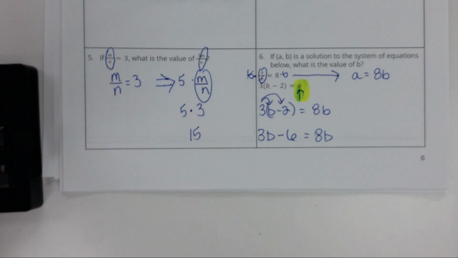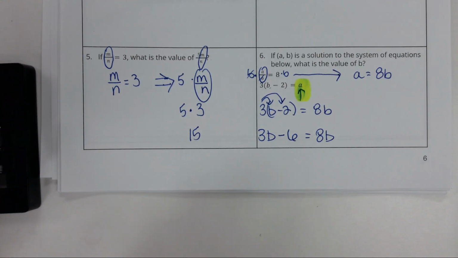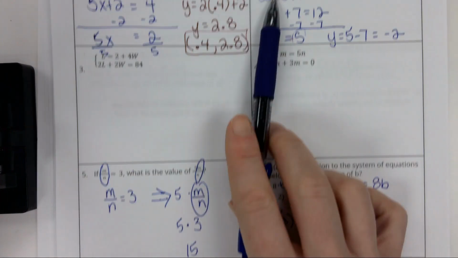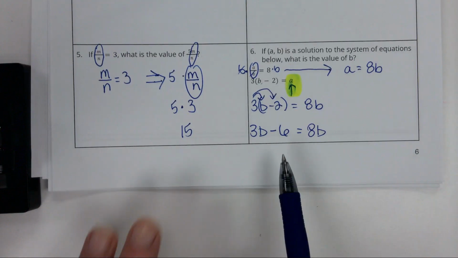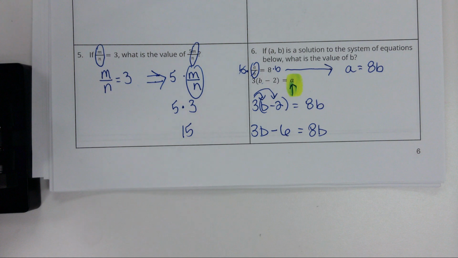If they're on the same side, like this one up here, I just added them together because they were on the same side. When they're on different sides, I have to move one variable to the other side. I'm going to move the 3b by subtracting it.